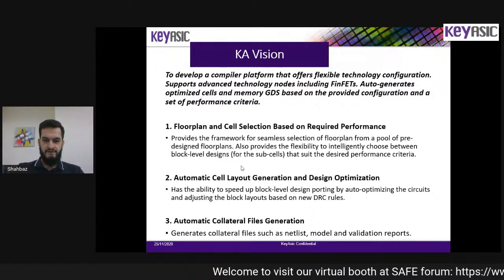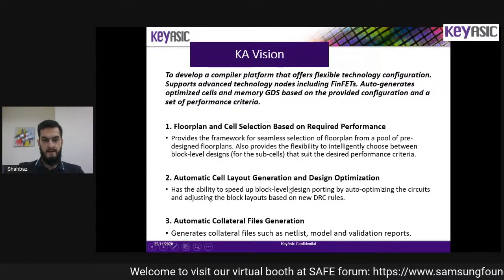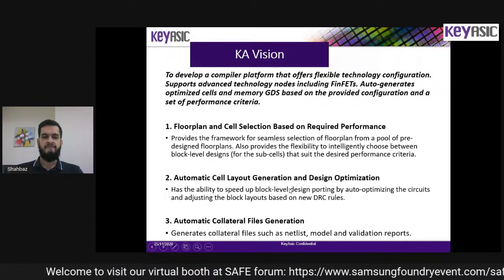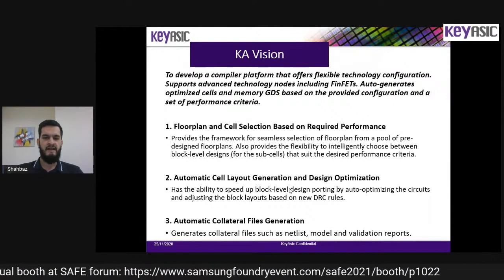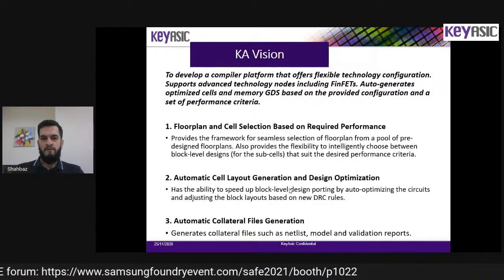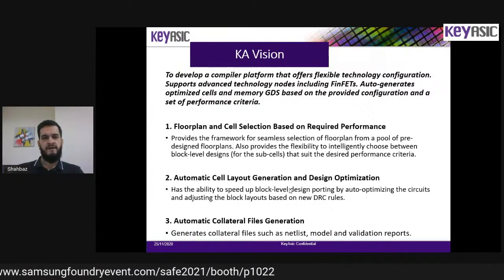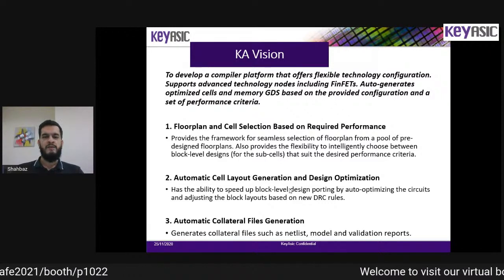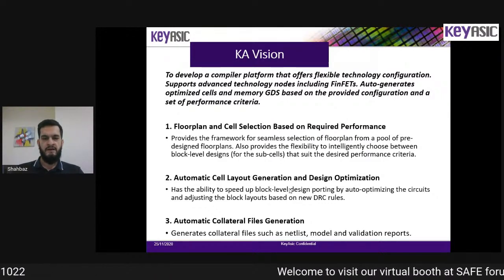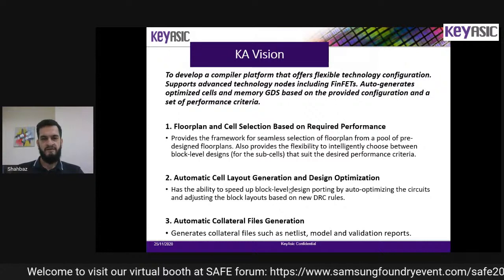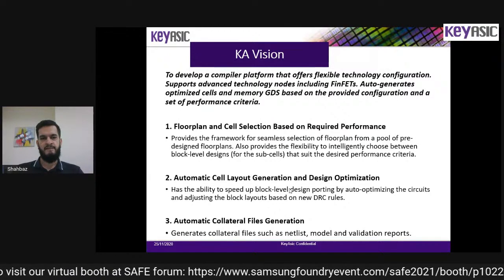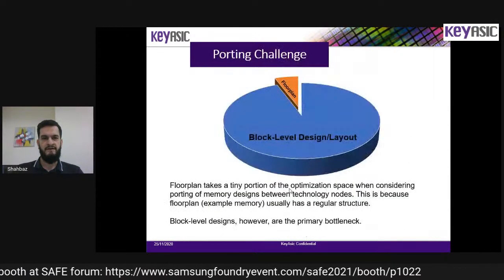So in addition to this, of course, the collateral files like the netlist, the behavioral model, the datasheet, validation reports, all of these also need to be generated automatically. And when the compiler needs to be ported from one technology to another, this should not increase the lead time, right? So this is the overall vision as far as the memory compiler is concerned from Key ASIC.